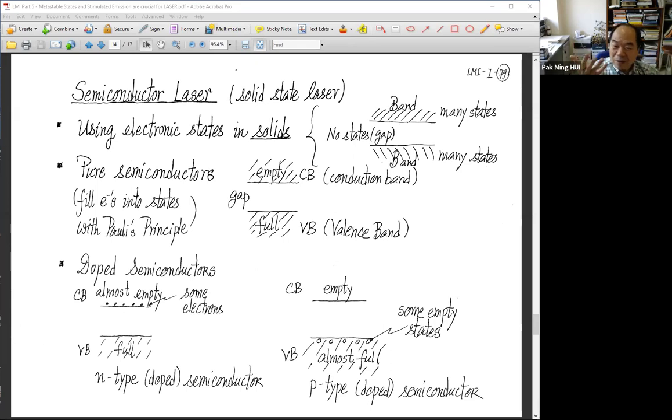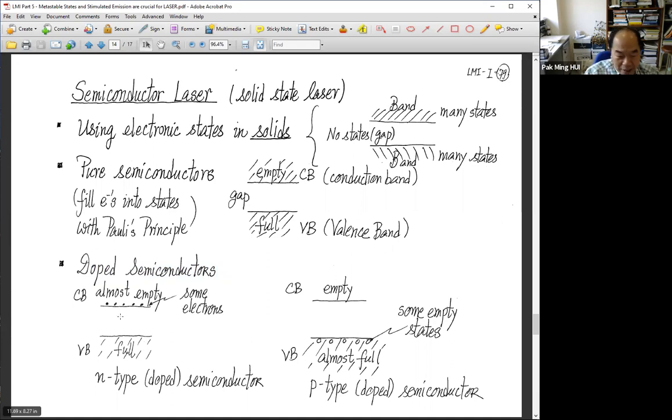So, the first thing is to make it very clean and then make it dirty. That is the tricky point. It is intentionally making it dirty, something called doping. That is to say, you select some particular kind of impurity and put it into a clean semiconductor. There are two ways to do it.